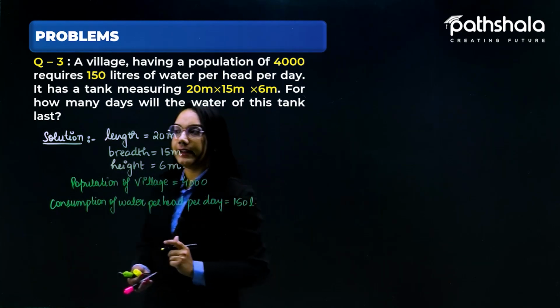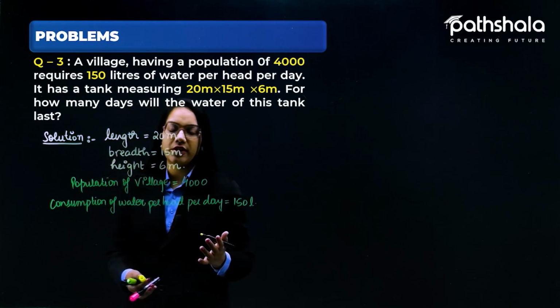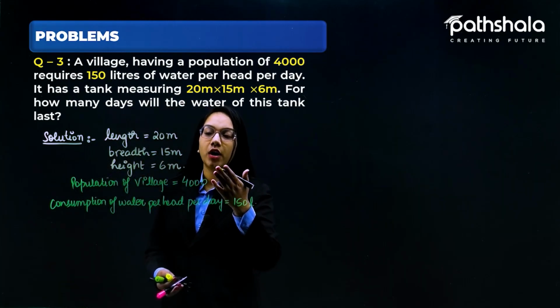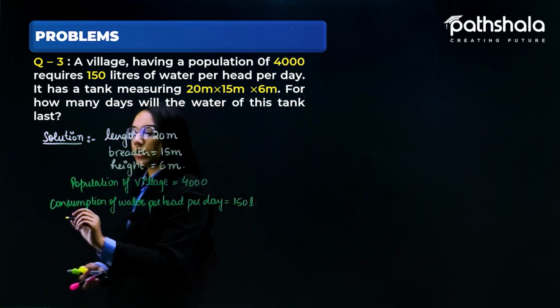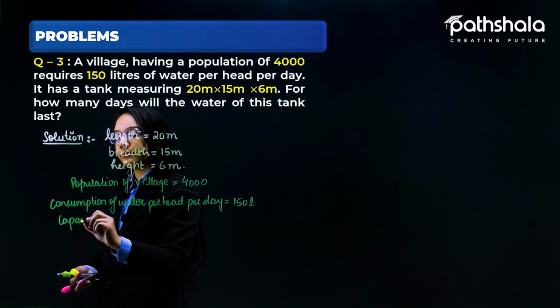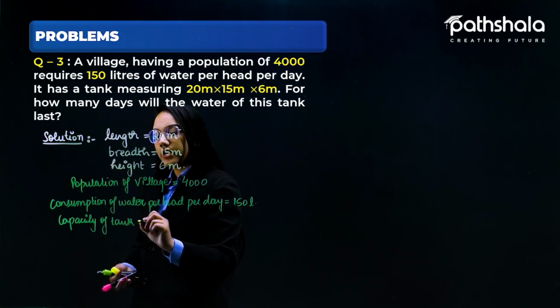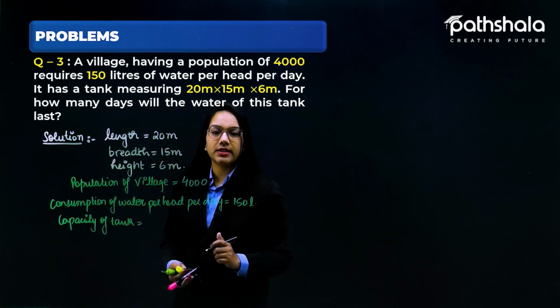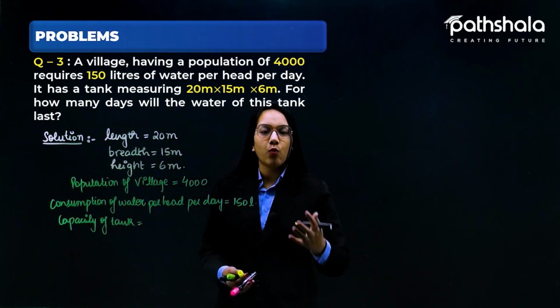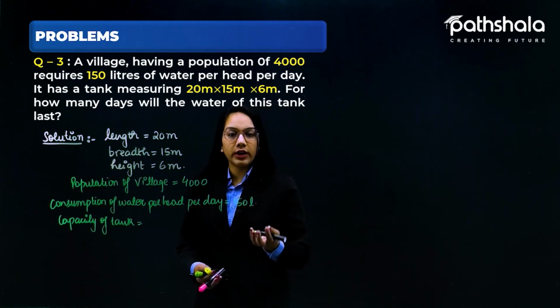So let us suppose first of all we are just finding out the capacity of the tank. So the capacity of the tank is equal to the volume of the water that it can hold within it.